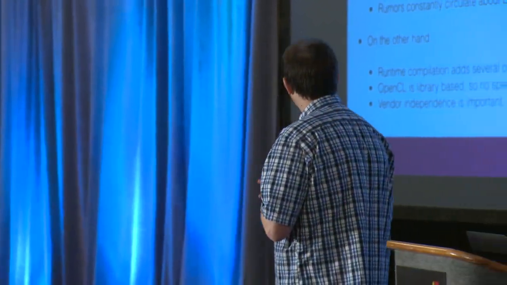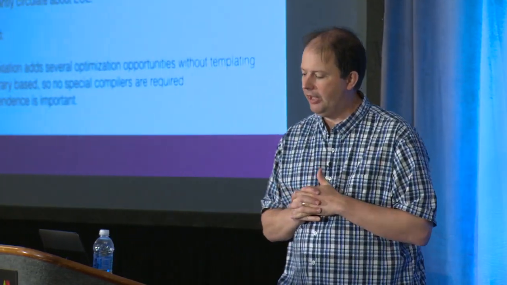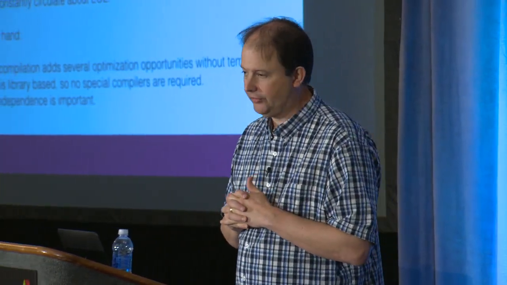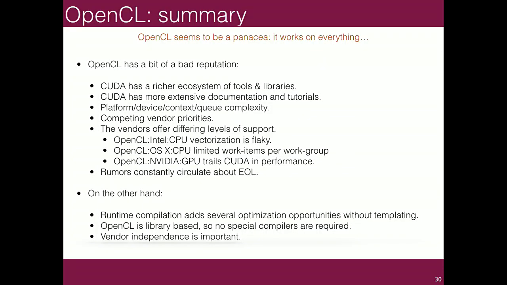NVIDIA, CUDA is typically better. Sometimes OpenCL is about the same. And there are constant rumors about vendors end-of-lifing support for OpenCL. So although it is the obvious solution for portability and to some extent performance, there's this uncertainty about whether it will continue to be supported going forward.